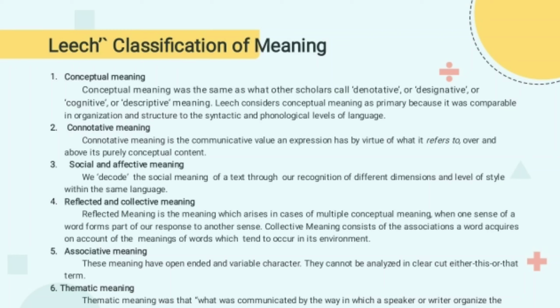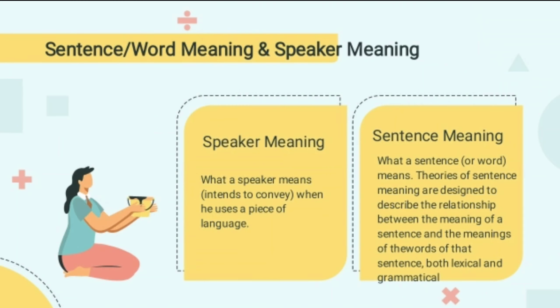Thematic meaning is what is communicated by the way in which a speaker or writer organizes the message in terms of ordering, focus, and emphasis. Then, the last point of this topic is sentence or word meaning and speaker meaning. Sentence meaning: what a sentence or word means.